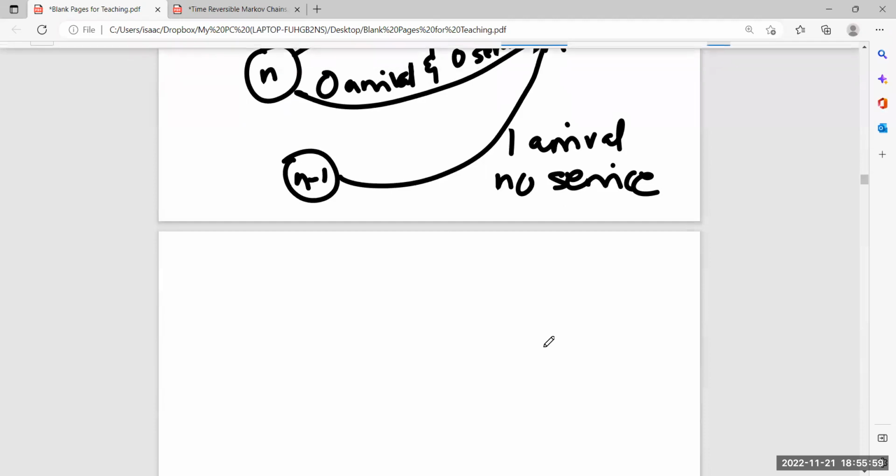Now we'll use that diagram to write down this formula here and see if this makes sense.